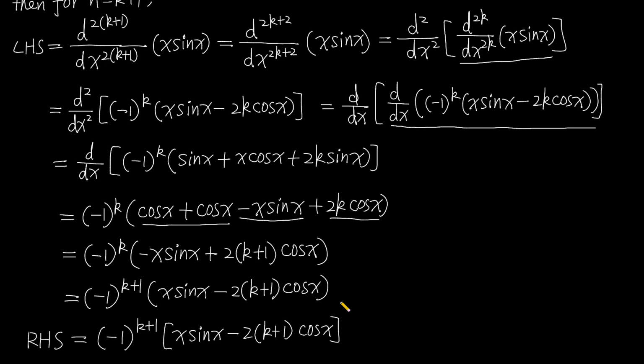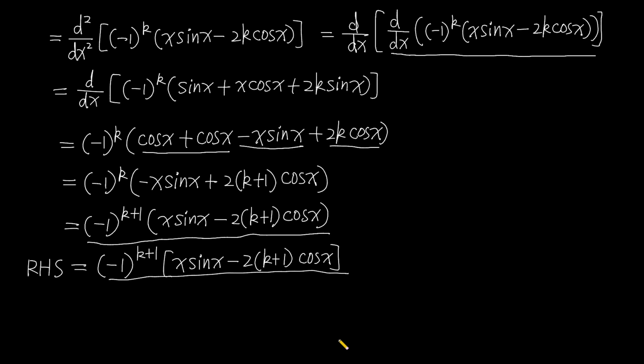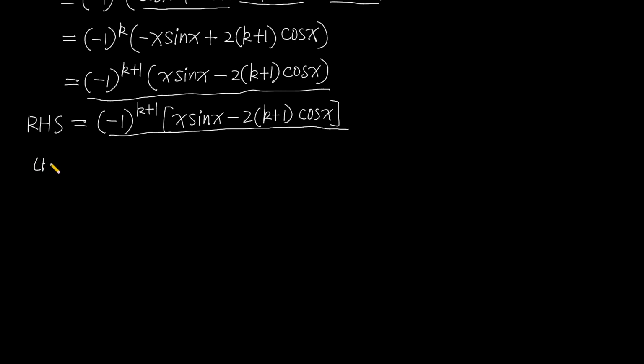We just use k plus 1 to replace the n in the original form. So compare the left-hand side and the right-hand side, they are equal. So left-hand side equals right-hand side.